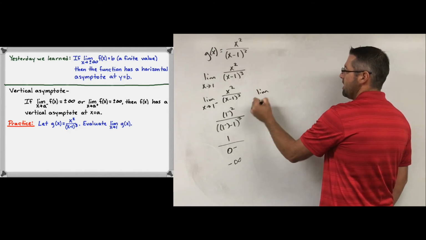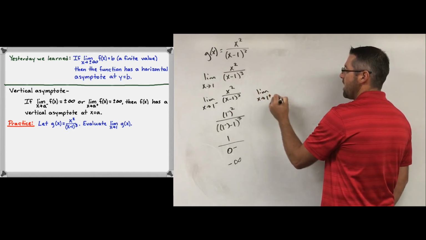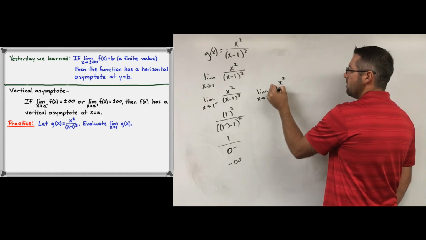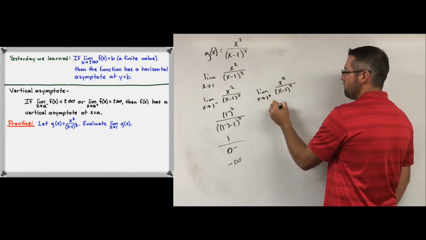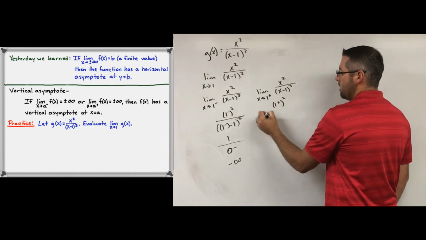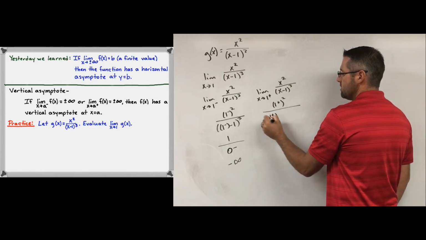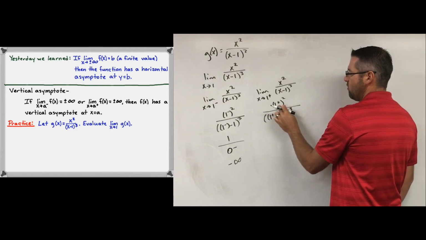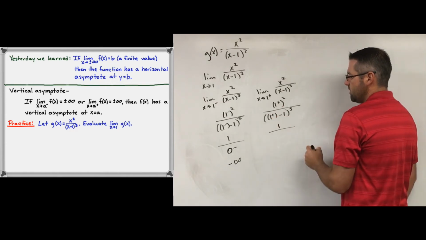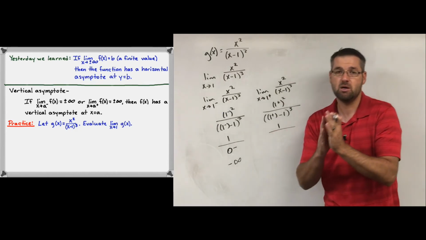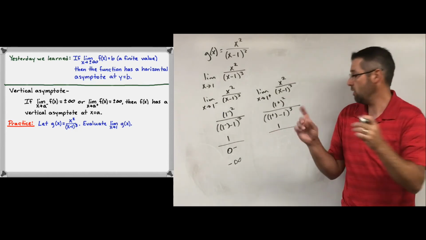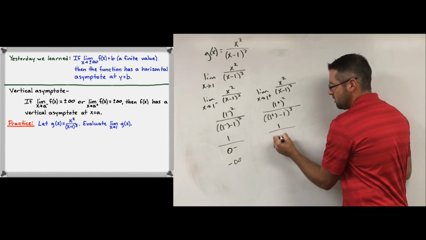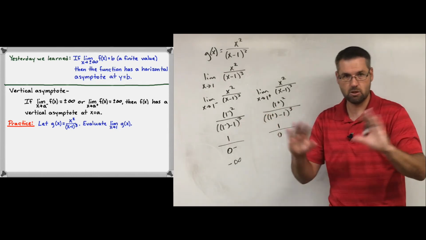The limit as x approaches 1 from the right of x squared over (x minus 1) cubed. And so we plug in 1 from the right squared, and then 1 from the right minus 1 cubed. Well, a positive 1 squared is a positive 1, so that's easy. Now we need to pick a number to the right of 1. Let me go back. 1 minus 1 is 0, and 0 cubed is 0.